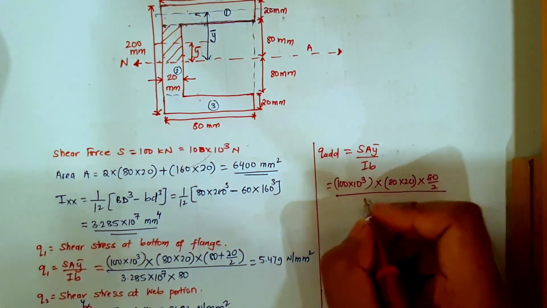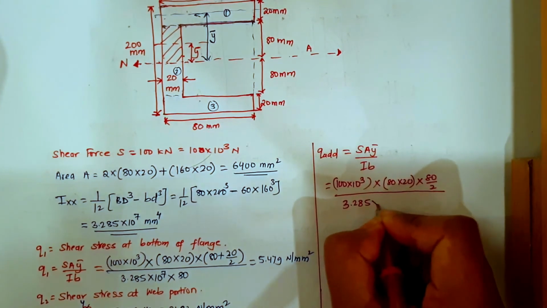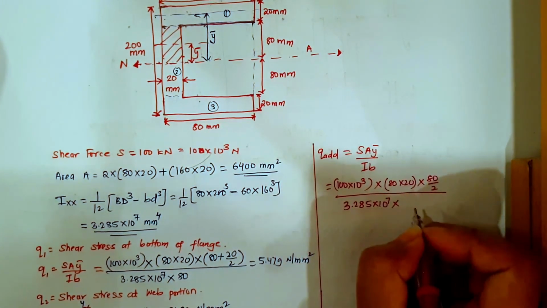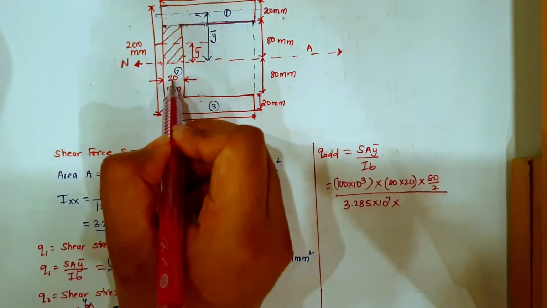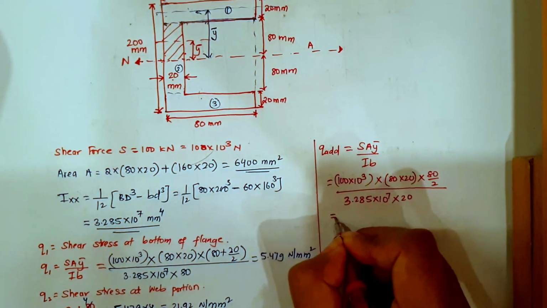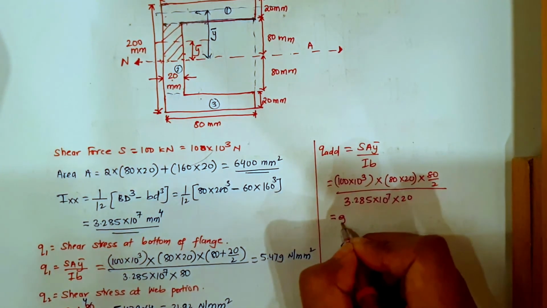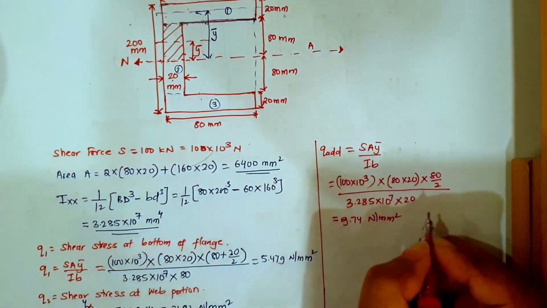Divided by I_XX we got 3.285 into 10 raised to power 7 into B. Now how much is this width? Web portion ke? It is 20. So into 20. So from here you will get equal to 9.74 Newton per mm square.